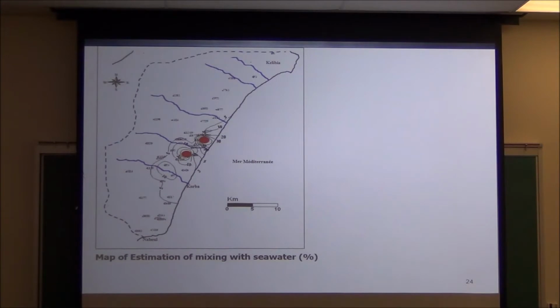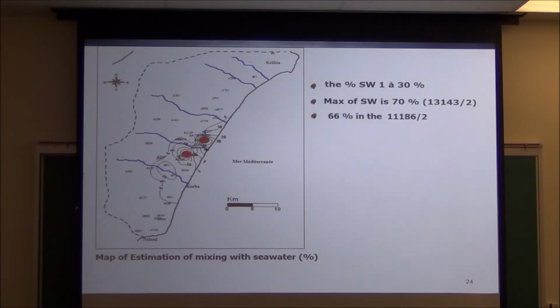And with this estimation, we can draw the map of the mixing of seawater. In some places we have 1 to 30%, and we can reach 66 to 70% depending on the location of the well or of the piezometry.